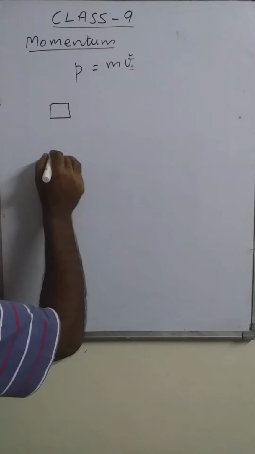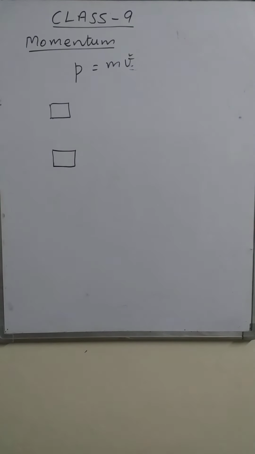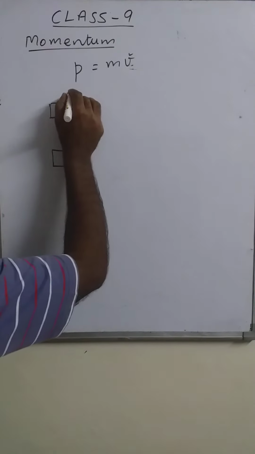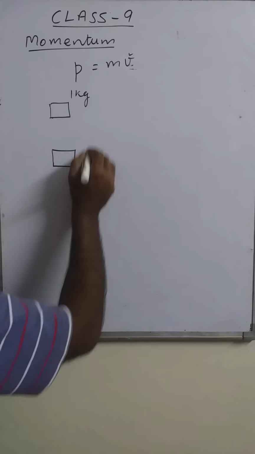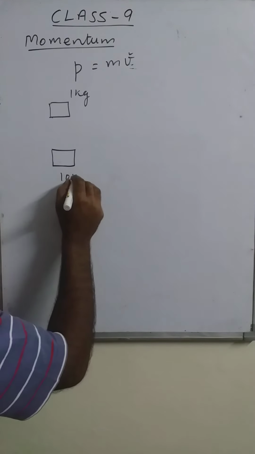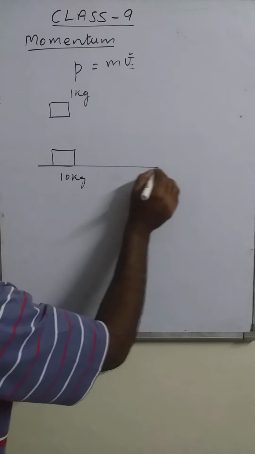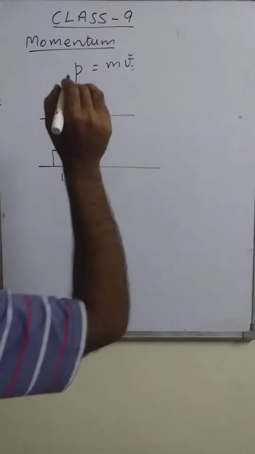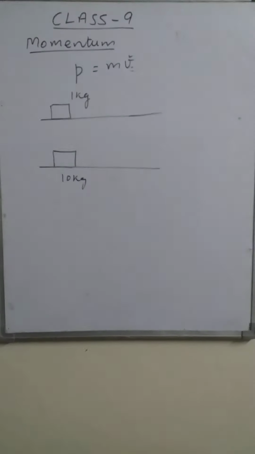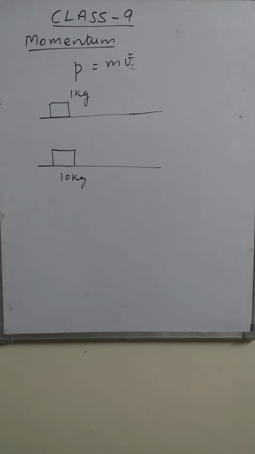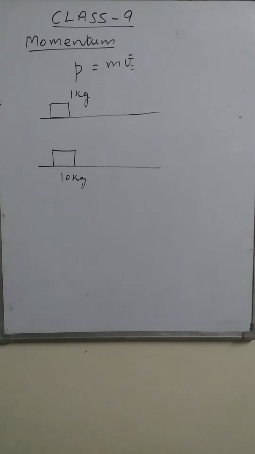One object has a mass of 1 kg, another has a mass of 10 kg. Both are placed on a horizontal surface. In the beginning, both are at rest, so they have zero velocity.